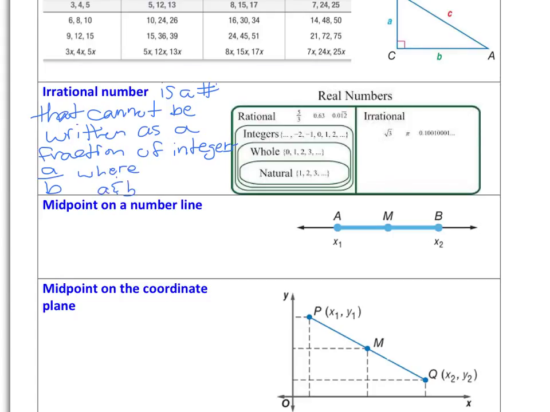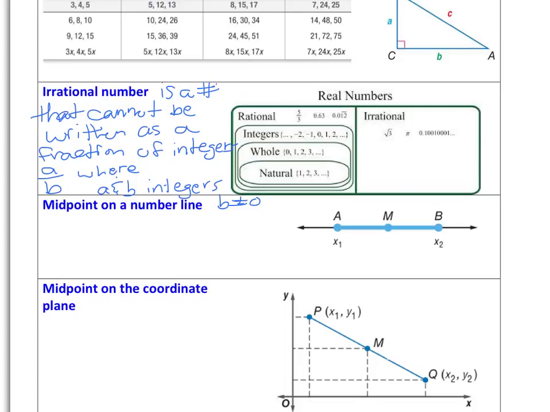And of course I should say that b cannot equal 0 because we can't have 0 in that denominator. So any rational number can be written as this simple fraction, but if it's an irrational number, you can't.